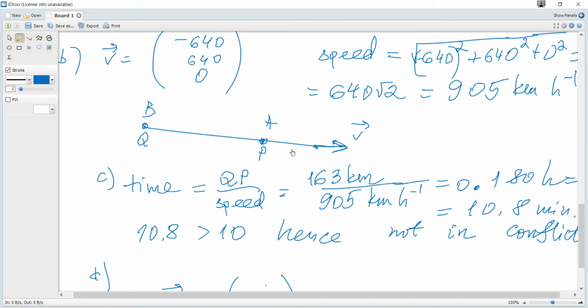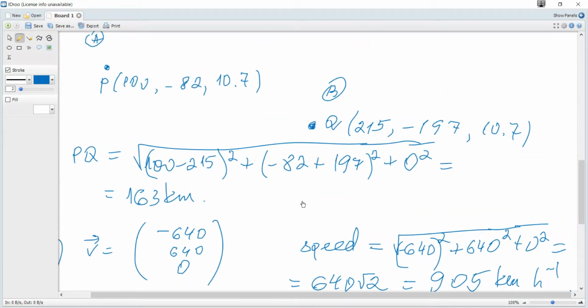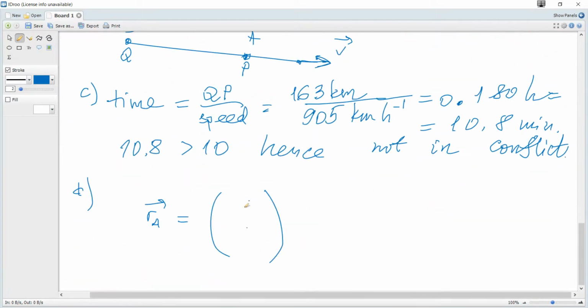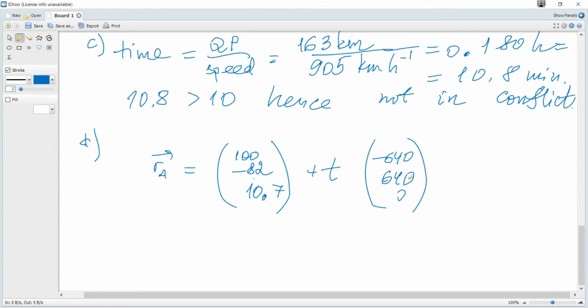So for P it's 100, negative 82, and 10.7, plus t times the velocity vector, negative 640, 640, and 0.